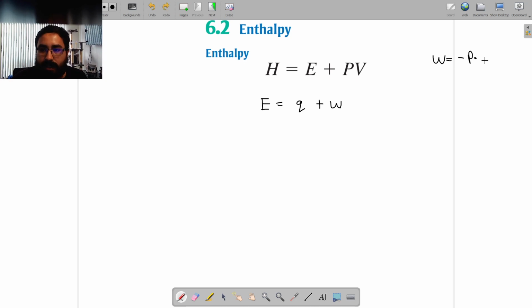Or you can write that as P delta V is equal to negative work.